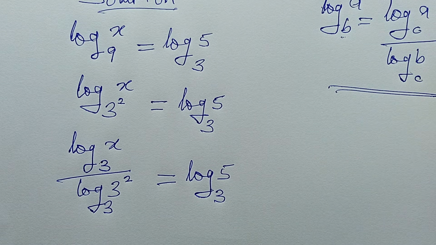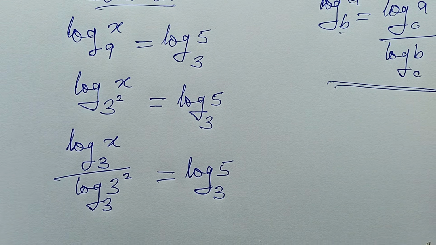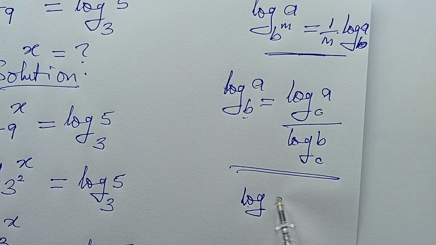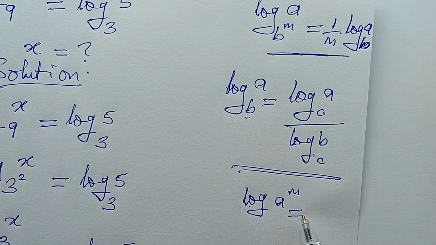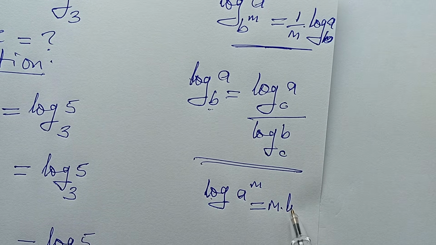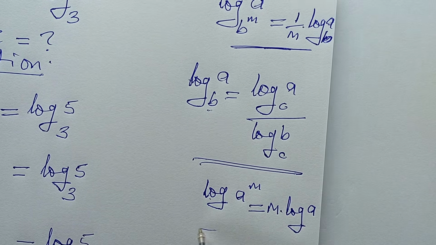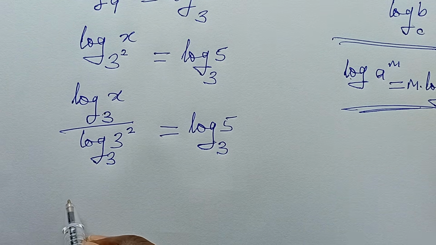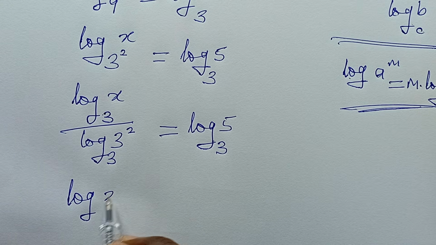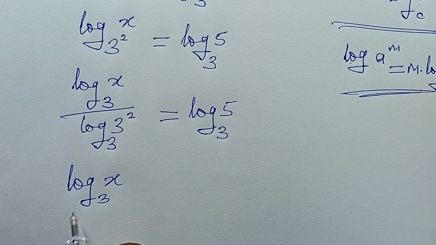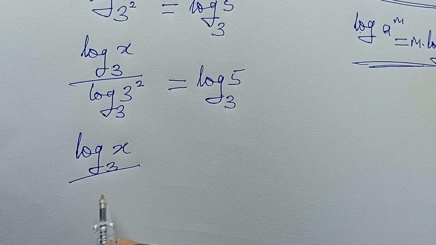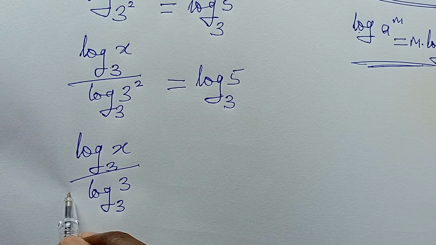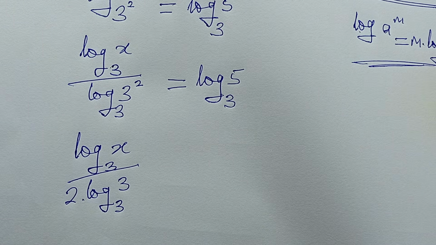Okay, now we move this power back here, apply another law, which says that when you have log a to the power of m, this is equal to m times log a. Okay, so this is going to give us log x base 3 all over log 3 base 3 with the 2 coming to the front rather.